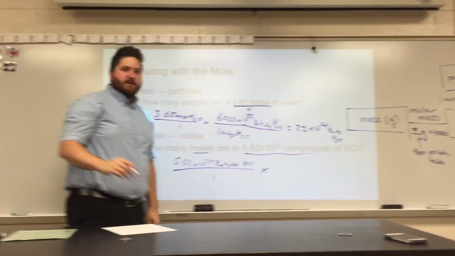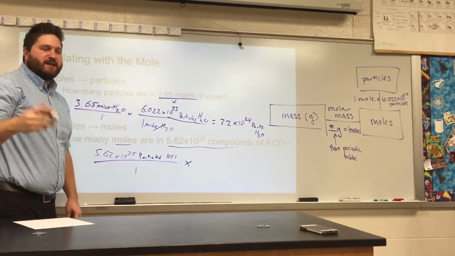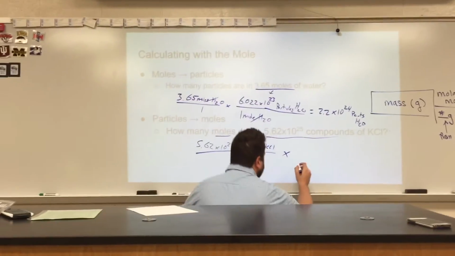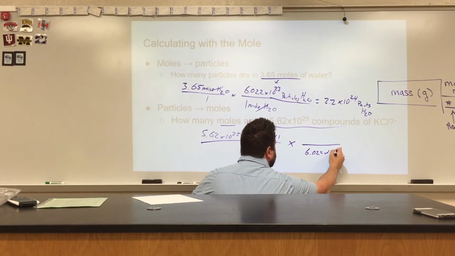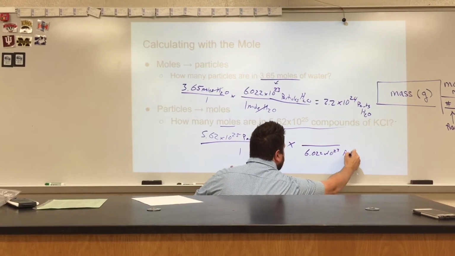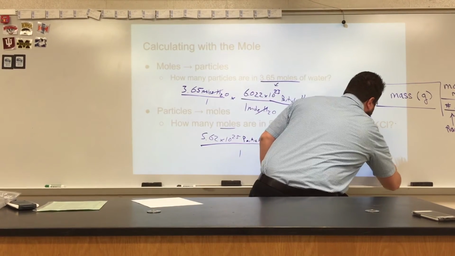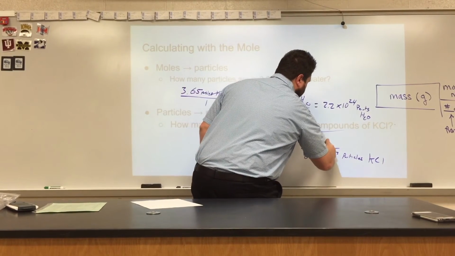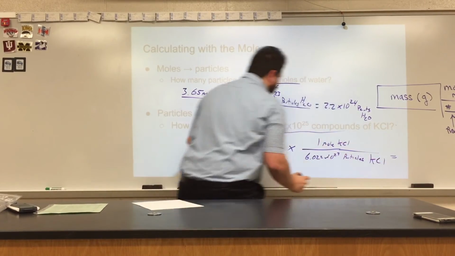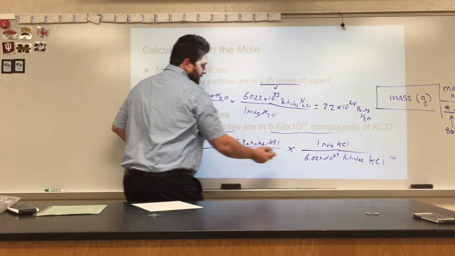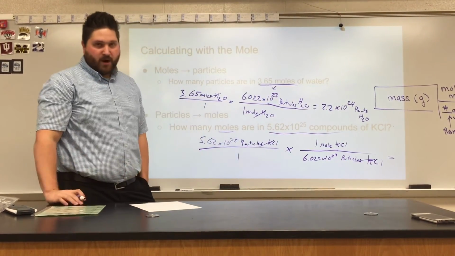My linkage was what? 1 mole equal to 6.022 times 10 to the 23rd. So that means 6.022 times 10 to the 23rd particles, oh my gosh, of KCl is equivalent to 1 mole of KCl. Do my units cancel? Yep, gone. I'm left with moles of KCl, which is what I wanted.